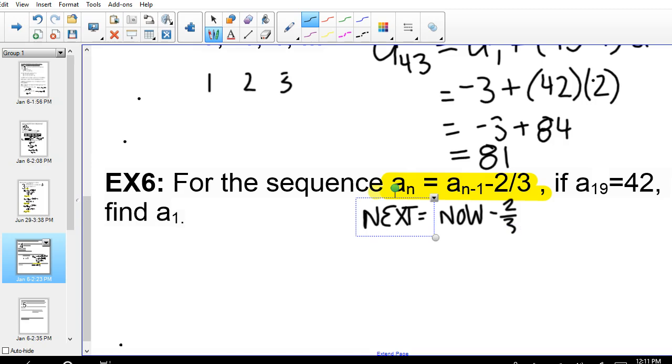So what are you doing each time to get to the next number? Subtracting 2/3. So what's the common difference? Negative 2/3. That number you're subtracting each time is your common difference. So d here is going to be negative 2/3.